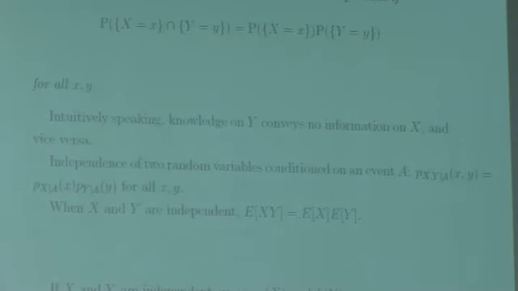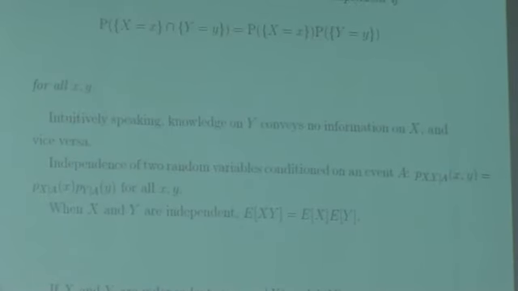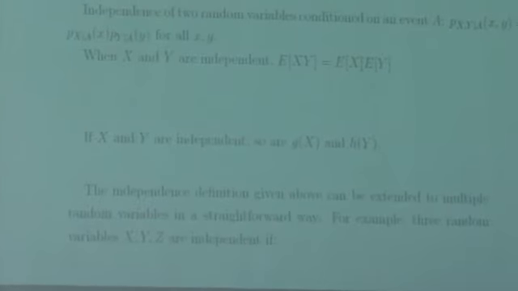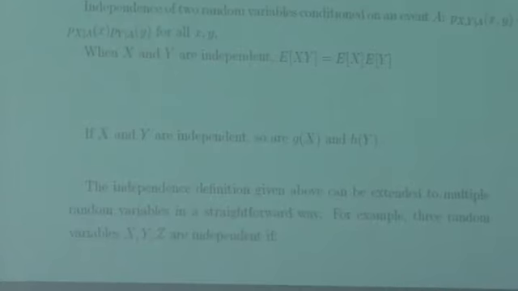Another consequence is that when X and Y are independent, the expected value of X times Y is equal to the expectation of X times the expectation of Y. Okay? So I believe we proved this last time. Is that clear for everyone?